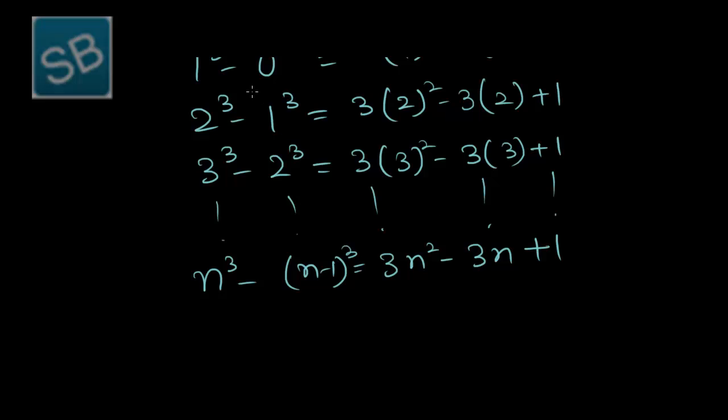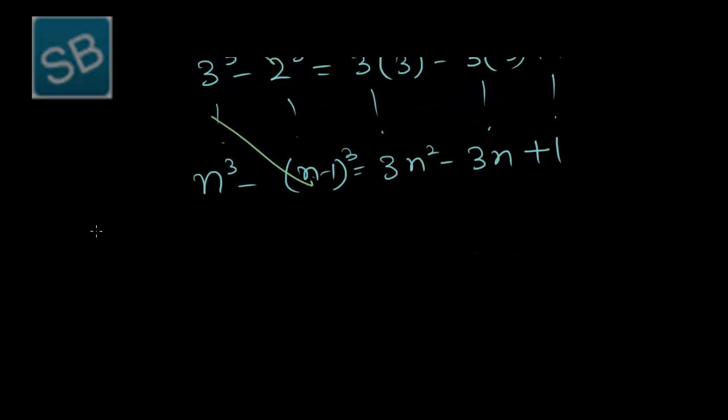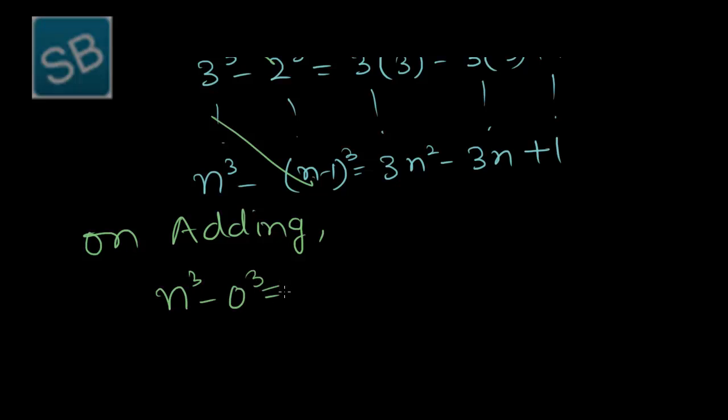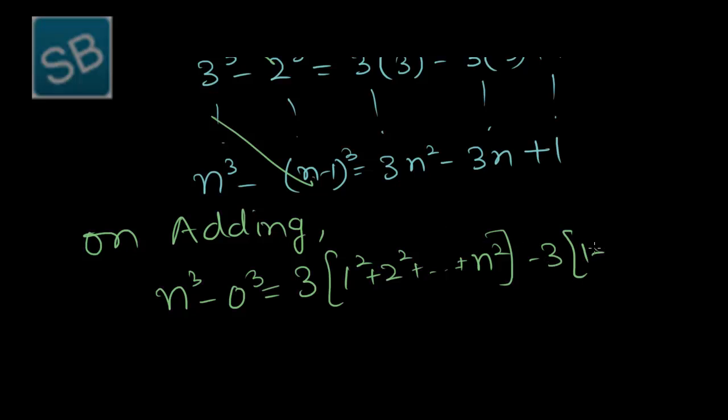So if we see, these terms will be cancelled out, and on adding we get n cube minus 0 cube is equal to 3 into 1 square, 2 square up to n square. That is our requirement. Minus 3 into 1 plus 2 plus up to n, plus 1 plus 1 plus 1 up to n times.